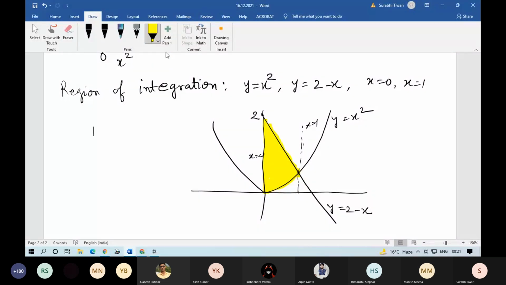Now you have to change the order of integration. Now this is not a single curve, this is a combination of two curves. So we have to divide this curve into two.